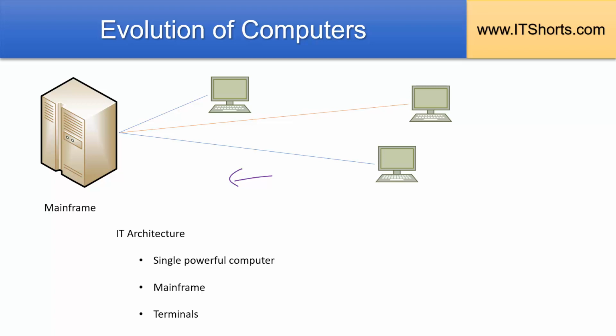That is all. There were probably one or two terminals per department at the max, as opposed to what we are seeing these days, where everyone is provided a computer at their work. These mainframes were very expensive, and not all the businesses were able to afford them.